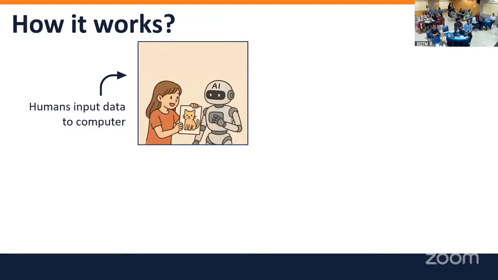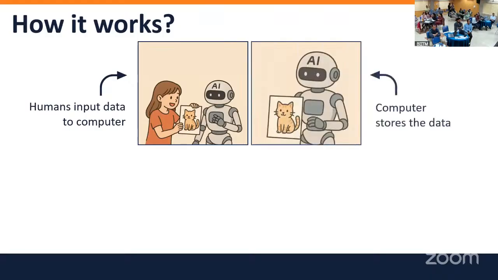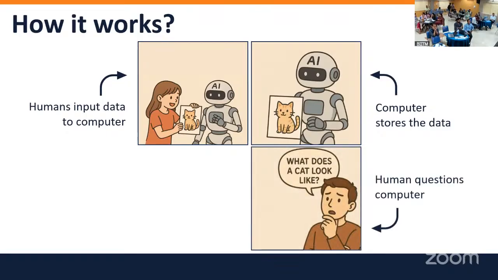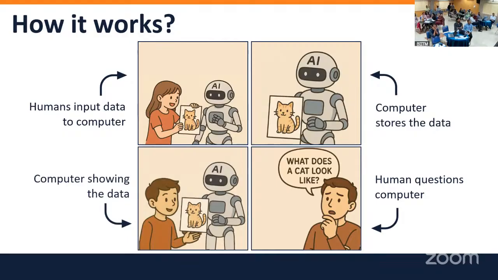This picture is of a cat. The computer stores that data inside. If another person asks, showing this, what does a cat look like? It is retrieved and shown. This is a simple technique that is being carried out with the LLM.